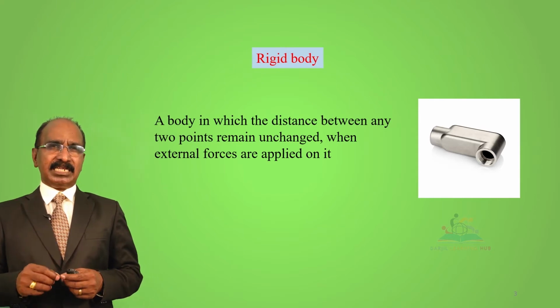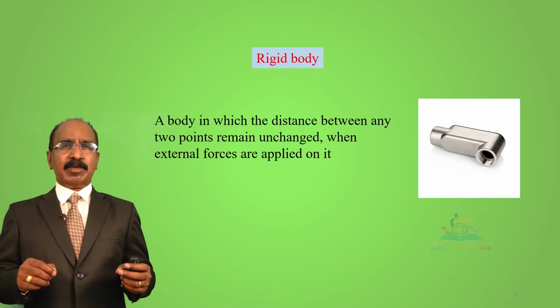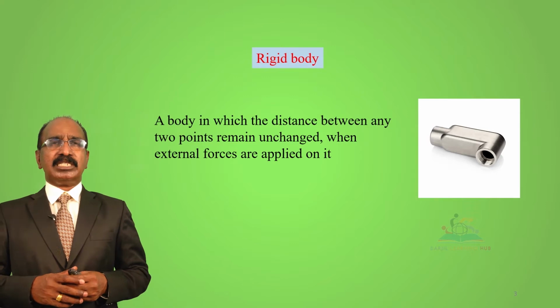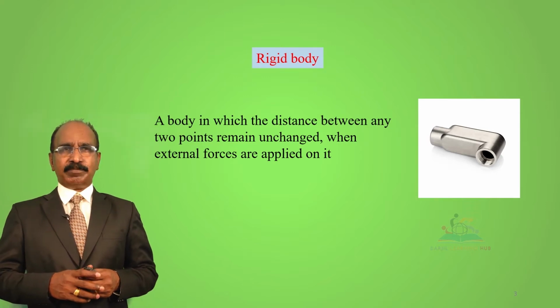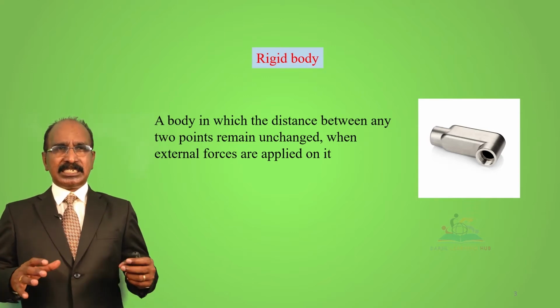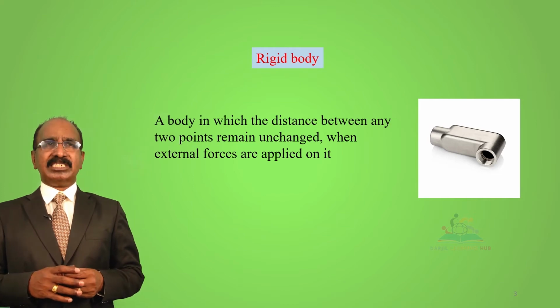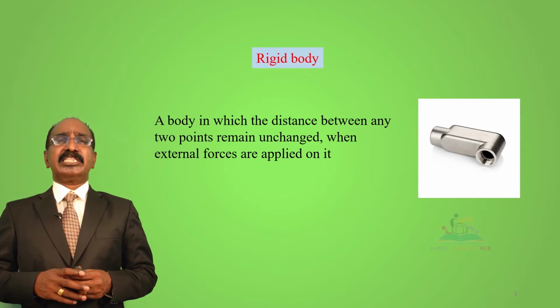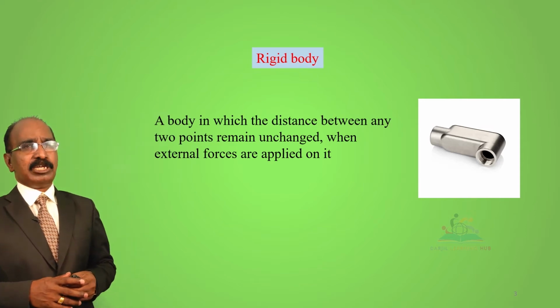But on the other hand, if the distance remains the same, even if you apply the external force, then you call it a rigid body. Therefore, when the distance between any 2 points remains unchanged when an external force is applied on your body, you call the body a rigid body.